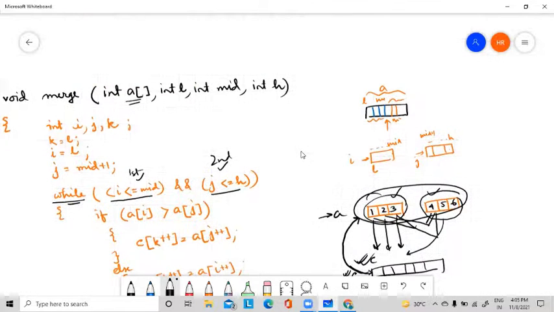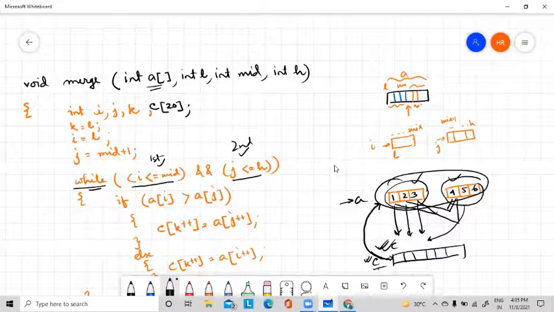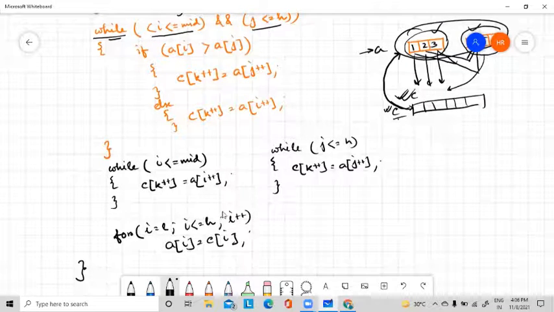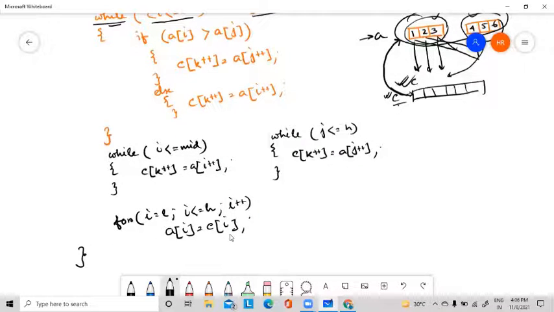I have to take this auxiliary array, suppose of size 20. So this is the merge operation where I am merging two parts of the array into a third auxiliary array C. Then after this merging, I am again copying the sorted array into the actual array. Okay, so this is our merging operation.